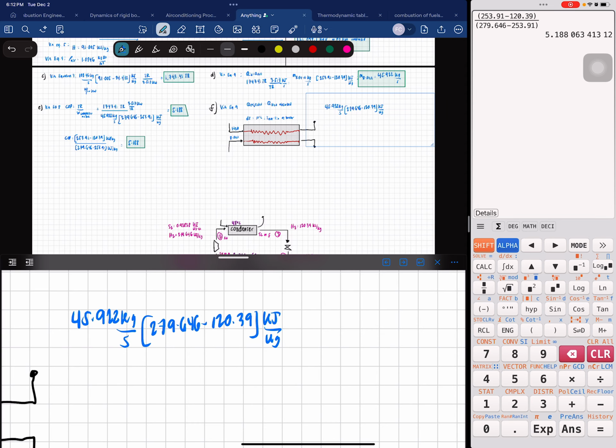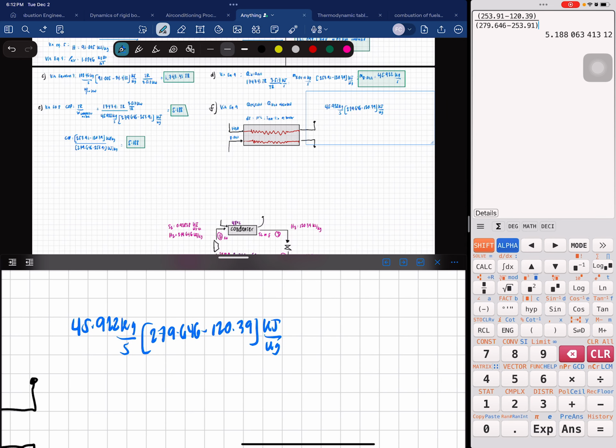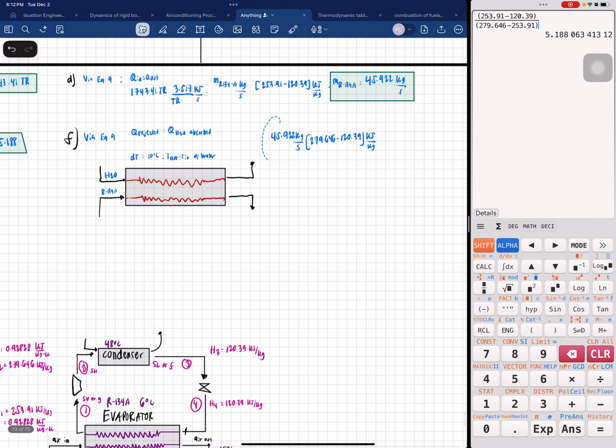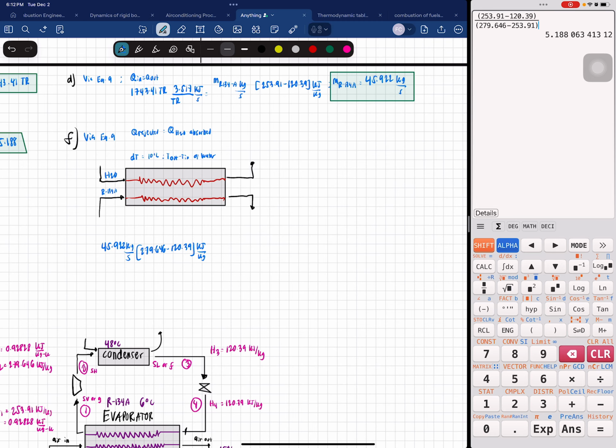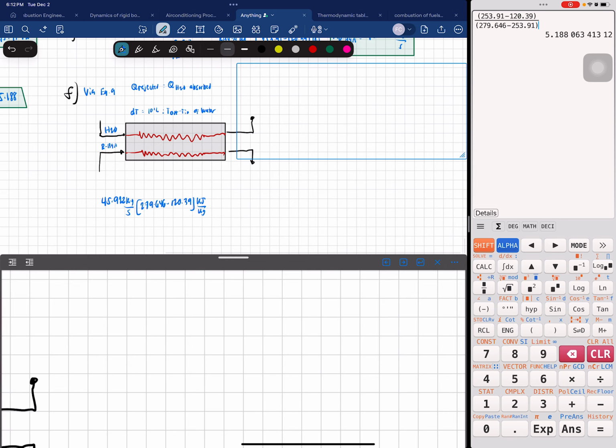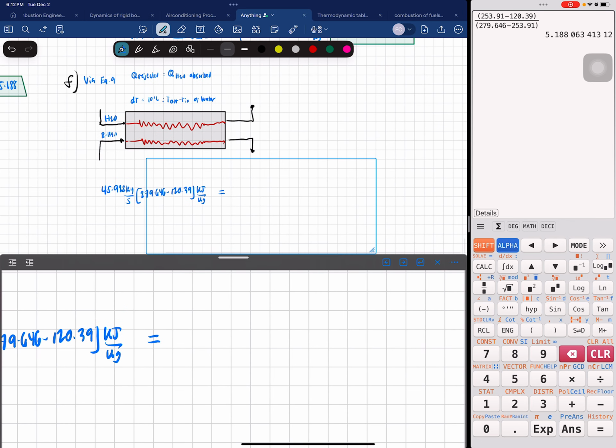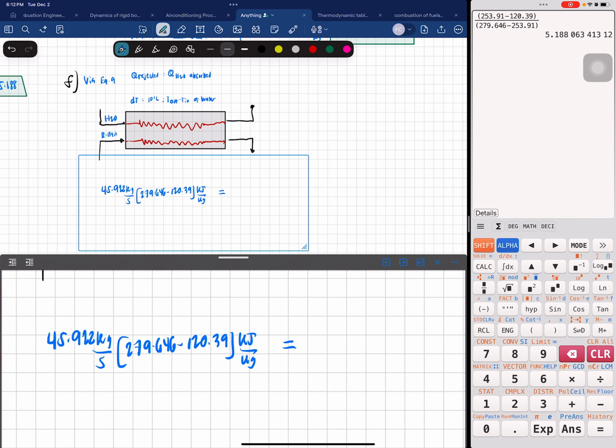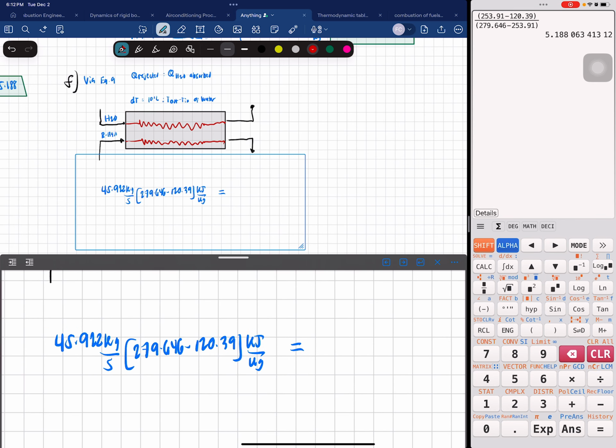So you have units of kilojoules per second. This is the Q rejected at condenser.